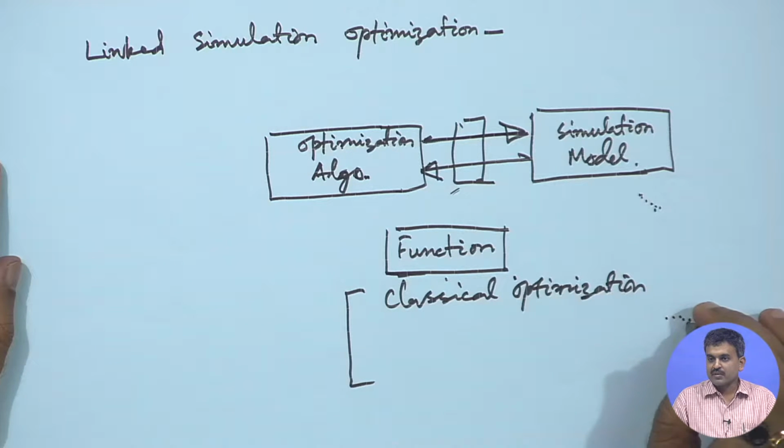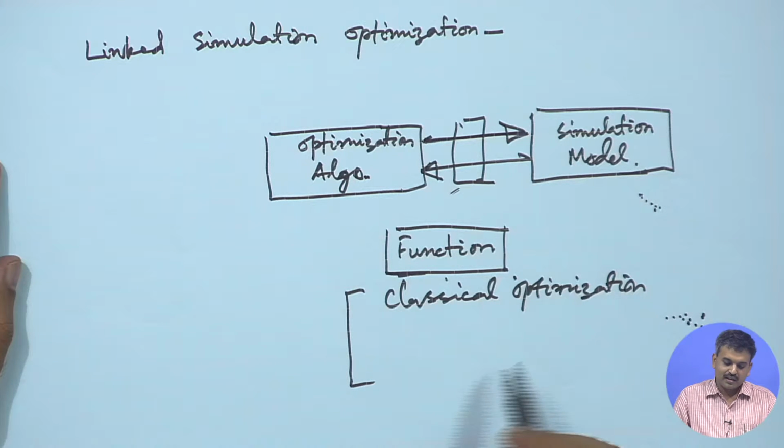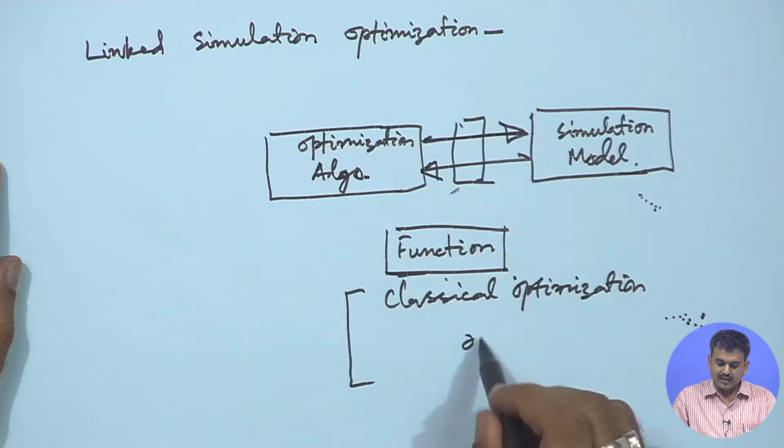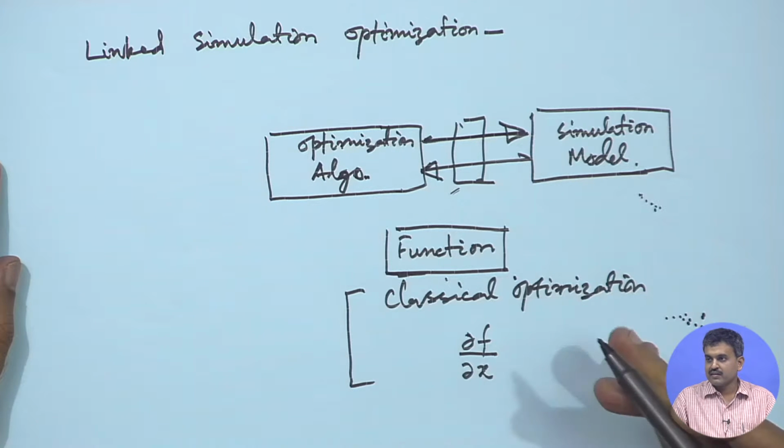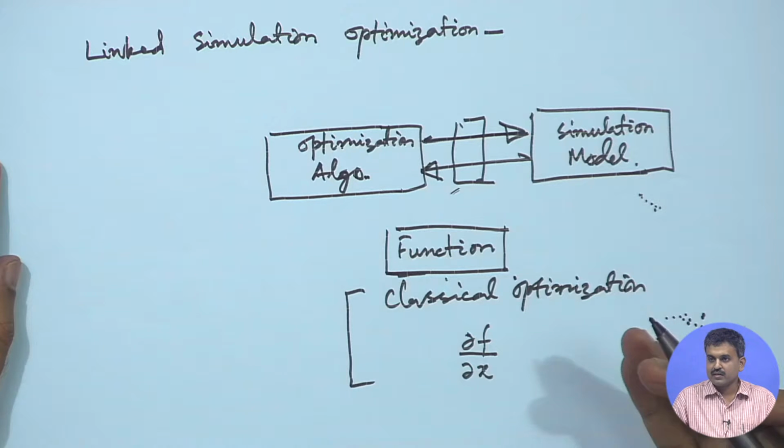In classical optimization, you need the gradient of the function. That means you calculate the gradient of f, a particular function, and x, let us say the variable.